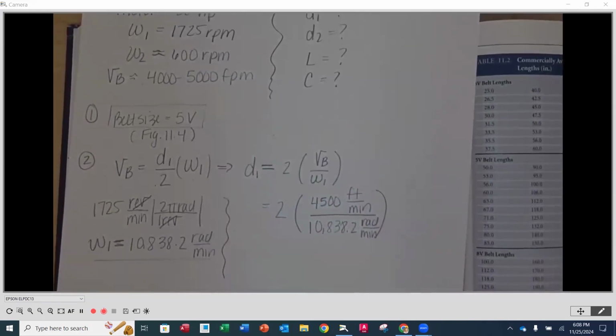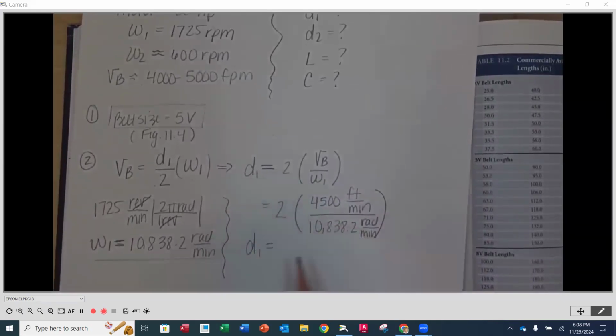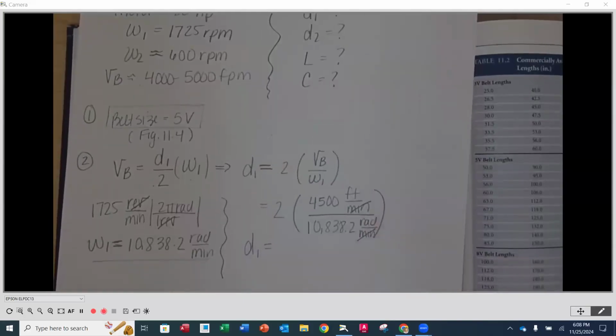Now, units. Make sure you put your units in every phase of the problem. And you also do the cancellation. I don't want somebody to just put down here D1 and just put random units. Cancel out what cancels. So that means that our minutes top and bottom are going to cancel.